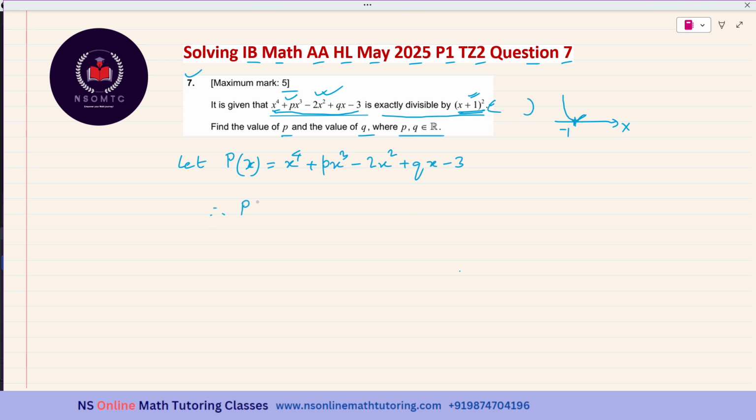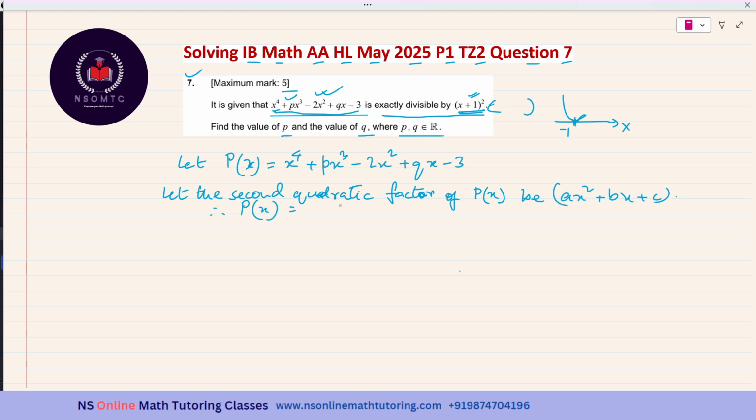Therefore p of x equals, let the second quadratic factor of p of x be ax squared plus bx plus c.